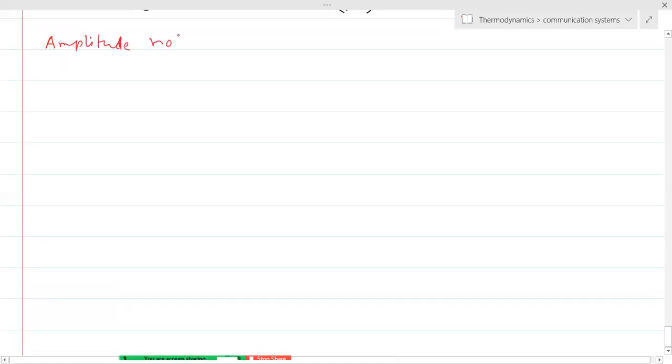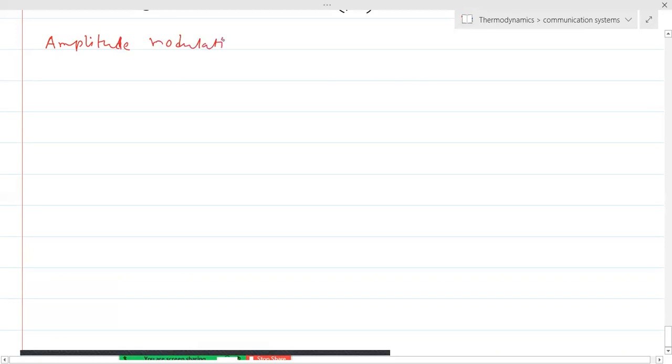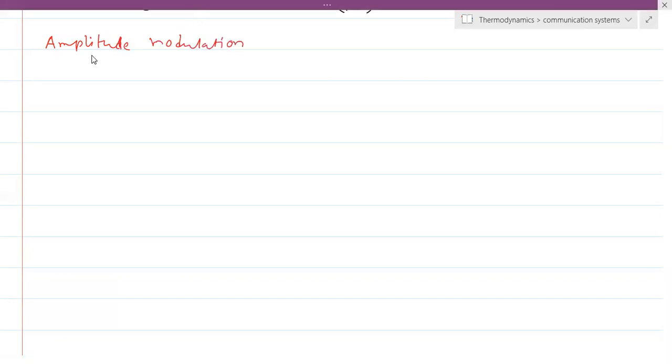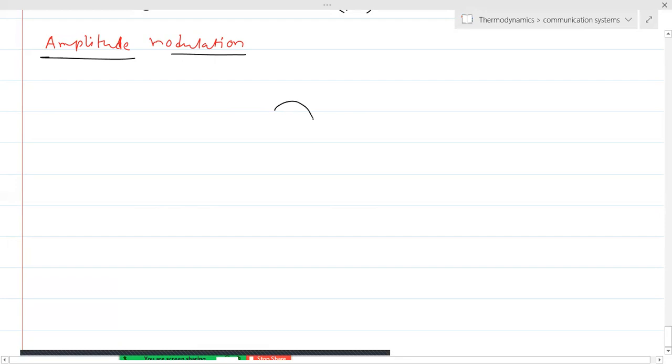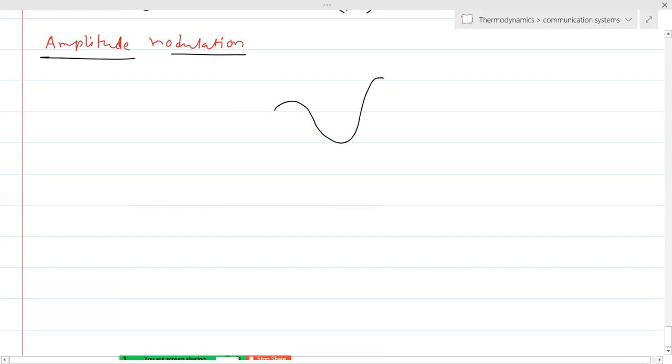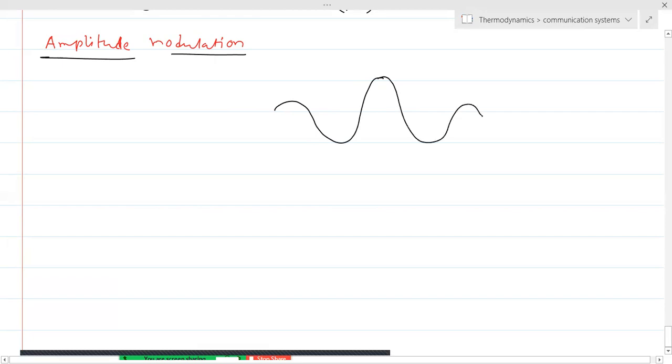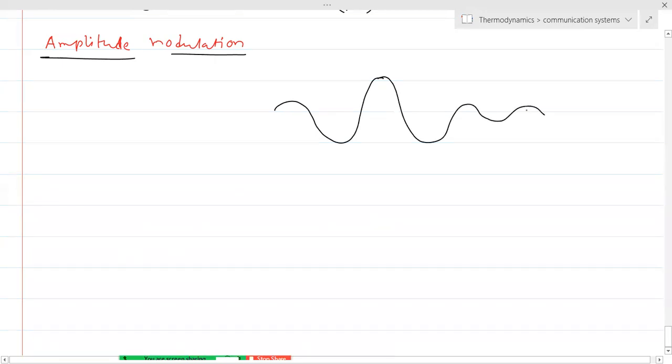Amplitude modulation. So now we will understand this. So first we will think of modulating signal. So that means the signal that is going to be transmitted from one place to another place. Maybe our speech.